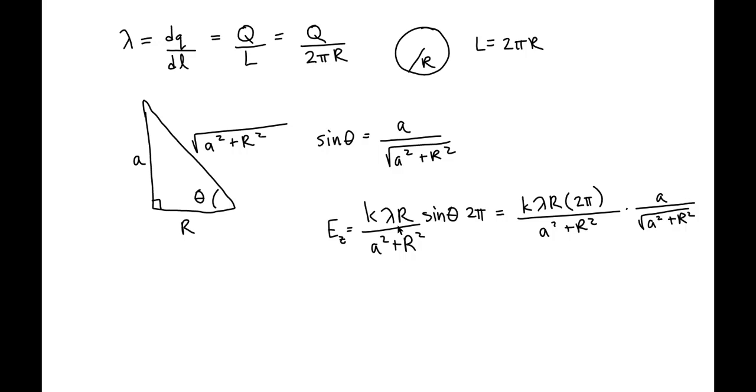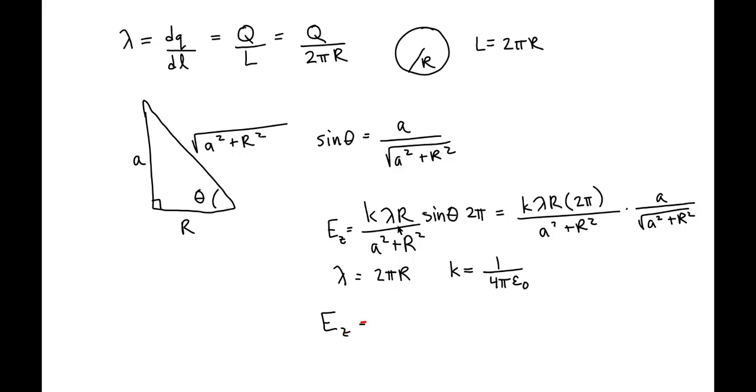Let's simplify this now. We know that lambda is equal to q over 2 pi r. We know the Coulomb constant is really equal to 1 over 4 pi epsilon naught. The epsilon naught is the permittivity of free space. So I see where we could simplify some things here.